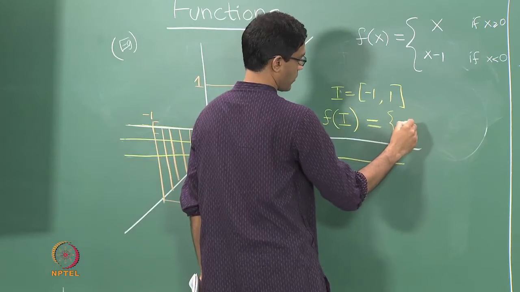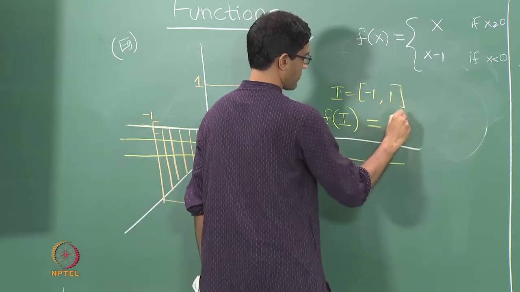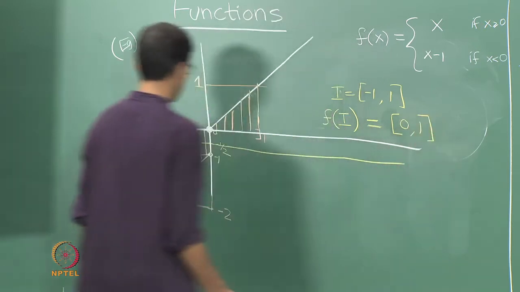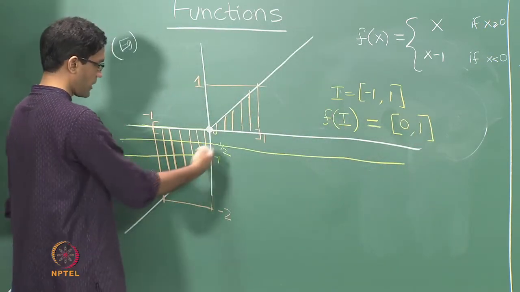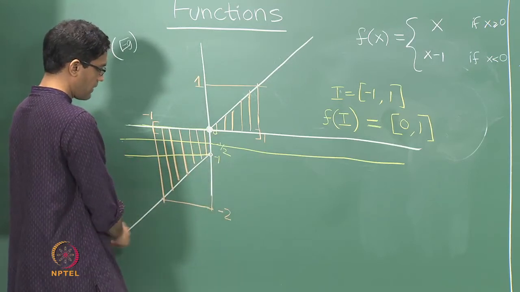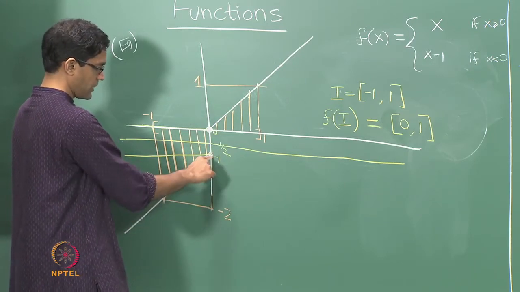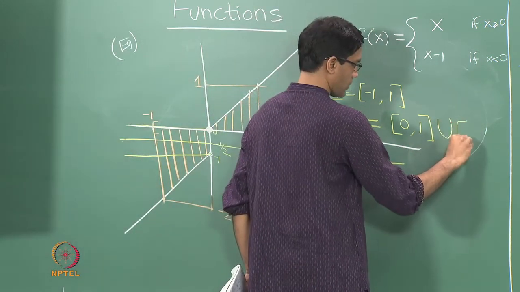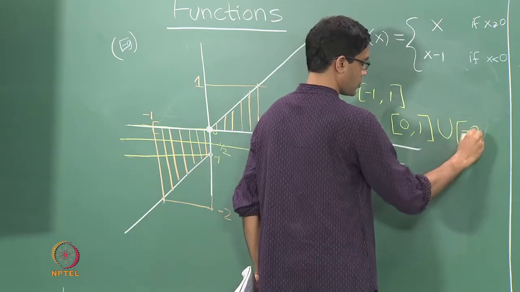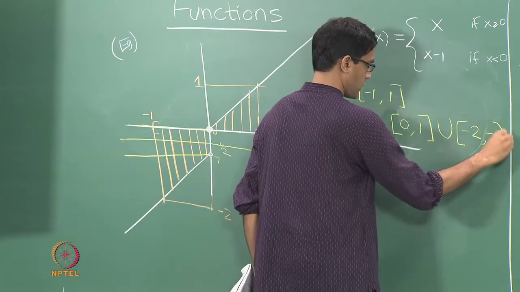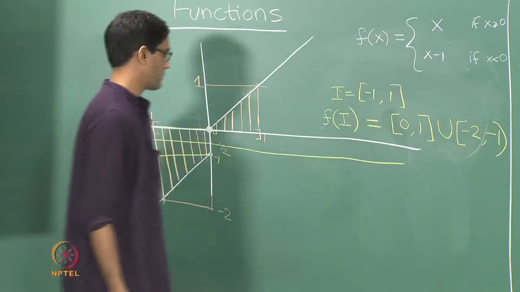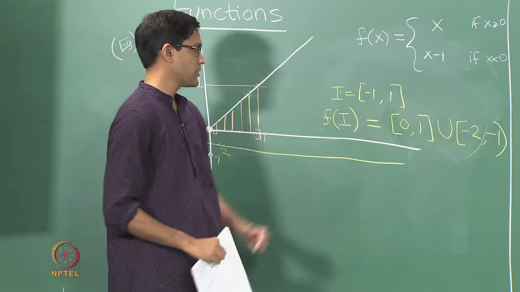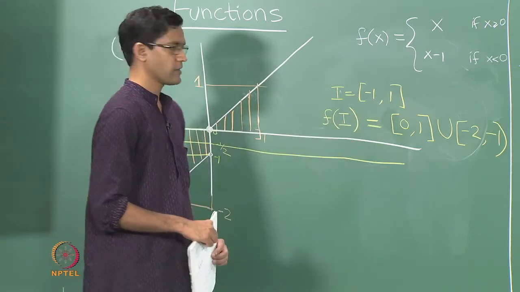So here's one way of writing this, it's all values of x between 0 and 1, those are certainly there, and if you look for what happens when x is negative, you get all values between -2 and -1. So we say that this is this set, this interval union all values between -2 and -1, but notice -1 is written as an open interval, so the value -1 itself is not attained. Okay, so here's the image of this interval under this function f.